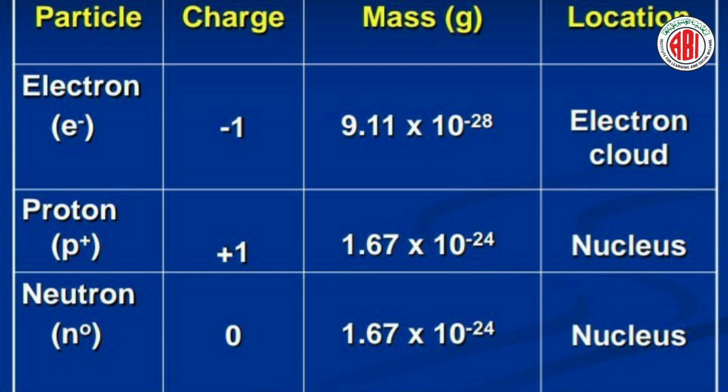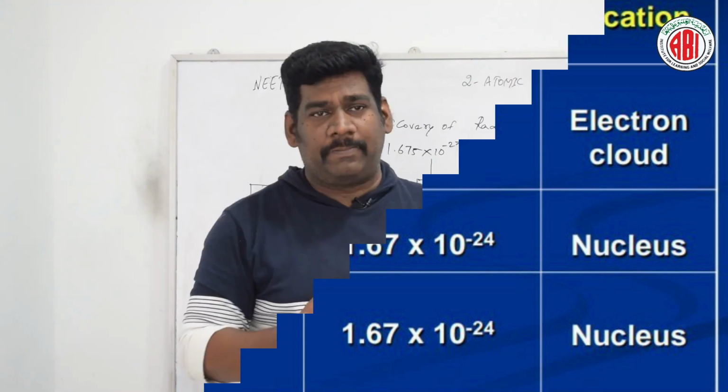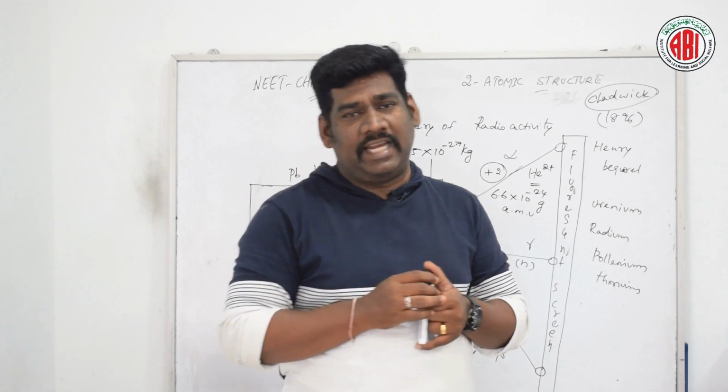But there is one difference between these two fundamental particles: the electron is negatively charged, so its value is given as negative, and the proton is positively charged, so its value is given as positive. The relative charges are -1 for the electron, +1 for the proton, and 0 for the neutron. So this is the mass and charge of the subatomic particles: proton, neutron and electron.